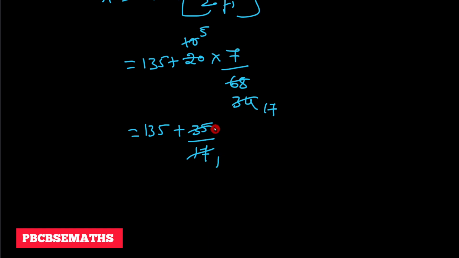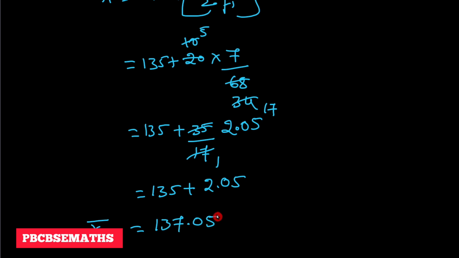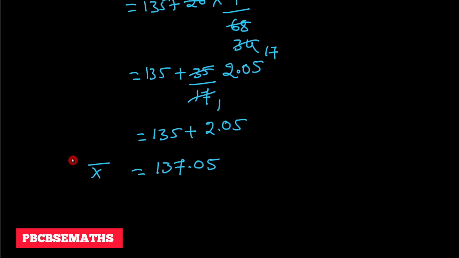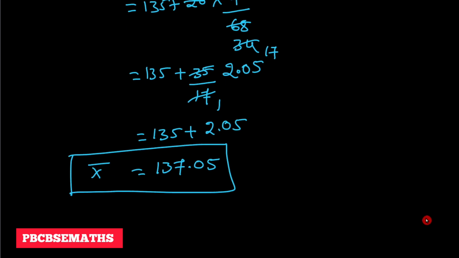So 17 ones are 17, 17 twos are 34, 1 remains, that becomes 10, which is less than 17, then that becomes 100, 17 5s are 85. So the final value is 135 plus 2.05. At last we can say that x bar equals 137.05. So this is the value of the mean of that given data.